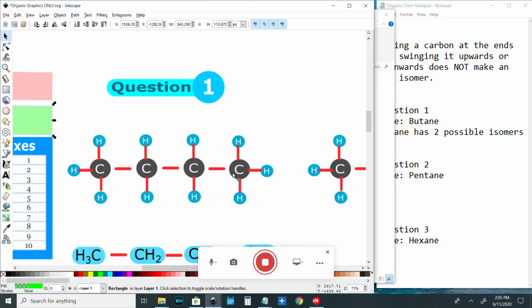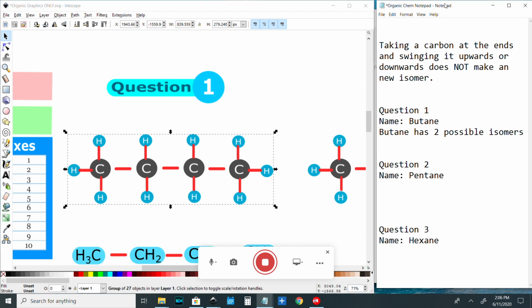Here we have an alkane, okay? So let's ask ourselves, what's the name of this alkane? Well, from video 1, you would know that this here is butane, because the main chain is from this C to the last C, and we can walk from the first C to the last C without stepping on our own tracks.